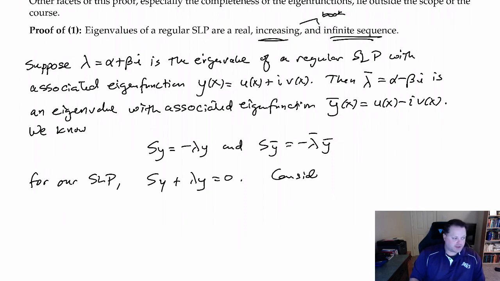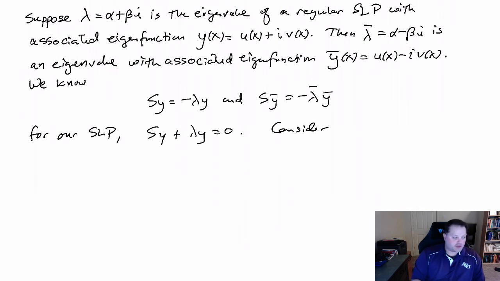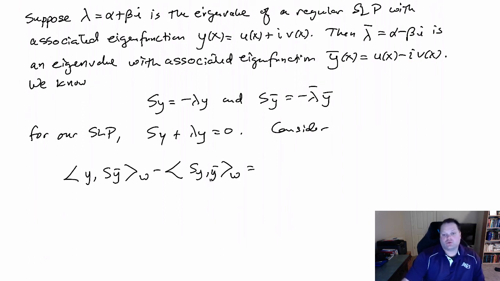So I want us to consider that symmetric difference that we just looked at for these eigenfunctions. We're going to look at this minus this. We know we have solutions to the differential equation in terms of the eigenfunctions y and y bar, so the previous result holds. We know this symmetric difference is 0 because the SLP operator is symmetric, so these two things are equal to each other.